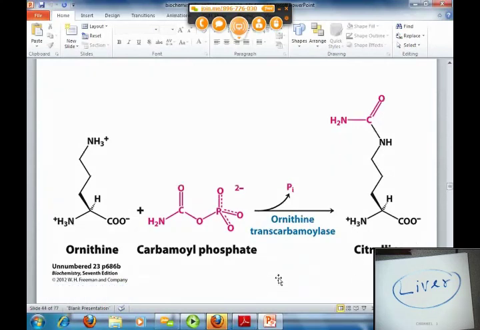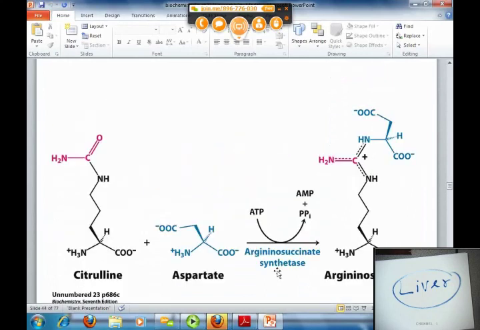It's not directly going into that pathway. So citrulline now with aspartic acid, aspartate, another amino acid, combine together with ATP and AMP by arginosuccinate synthetase, and you get arginosuccinate, and then here this is your CONH2 group over here.